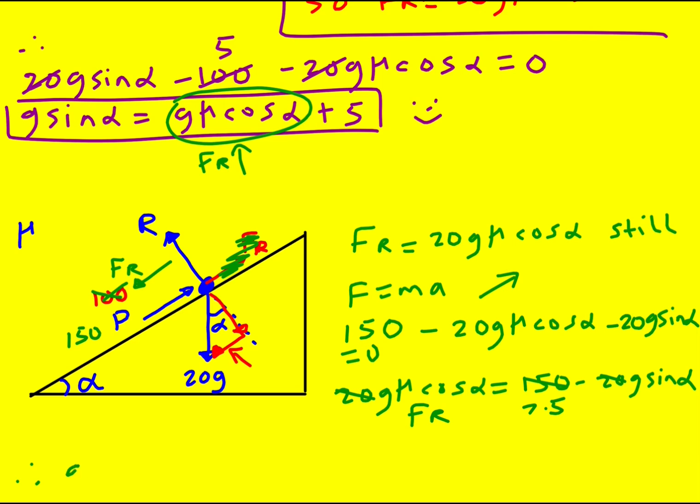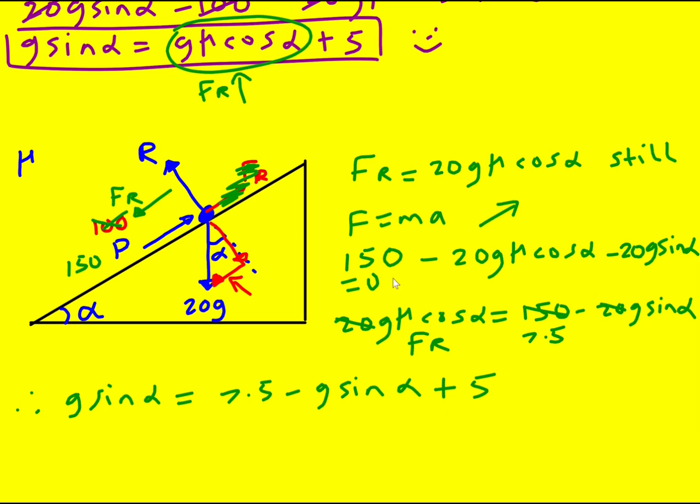Anyway, we're going to get that g sine alpha now is going to equal 7.5 minus g sine alpha plus 5. And therefore, 2g sine alpha is going to be 12.5.